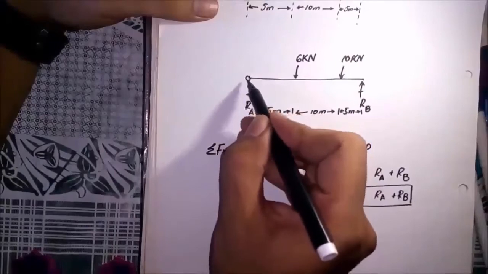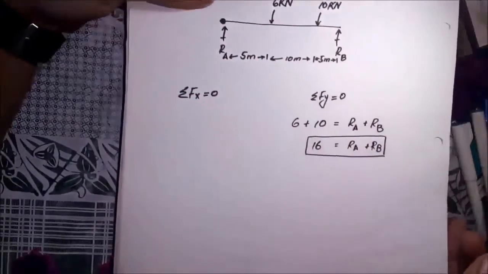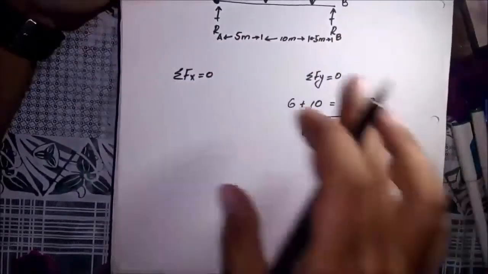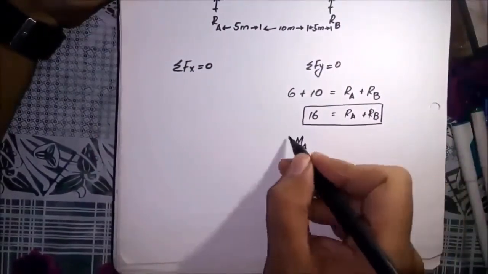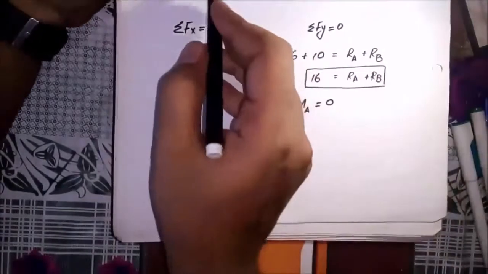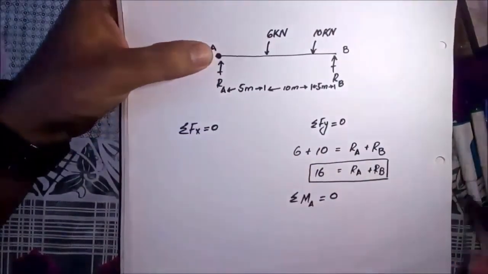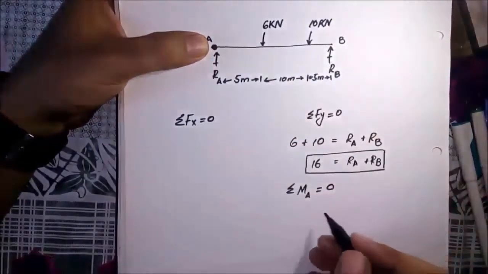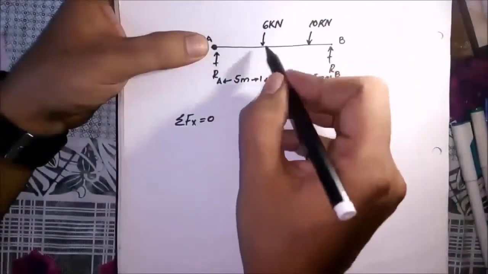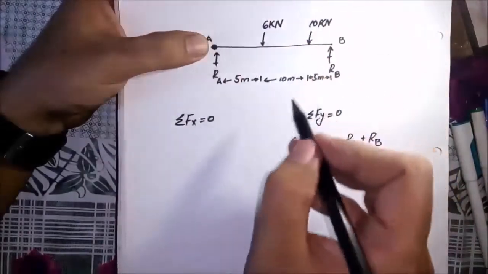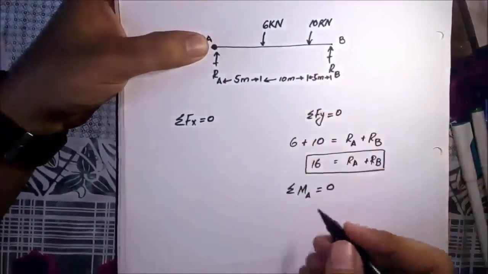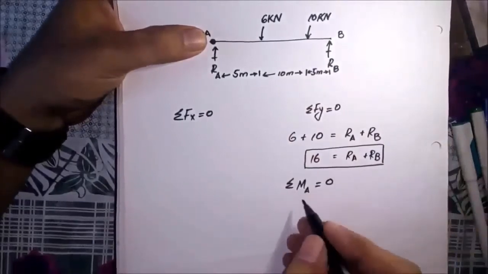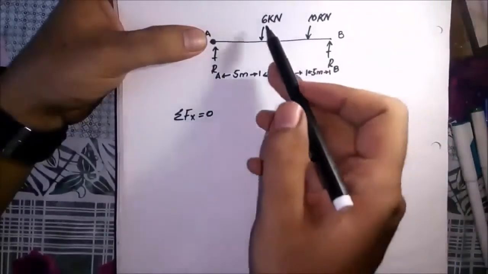I am considering point A as the pivot. The moment around A must be 0. There would be no moment due to the Ra force. The 6 kN force is trying to rotate the beam clockwise. Clockwise moment will be written on one side and counterclockwise moment on the other side.